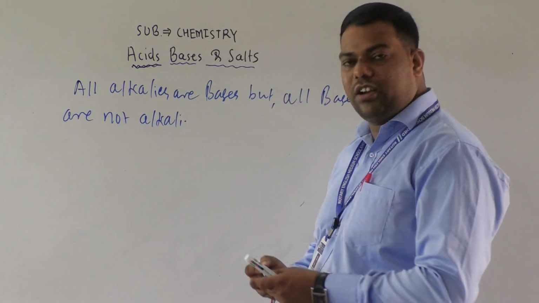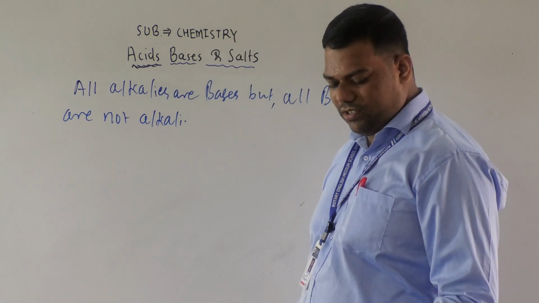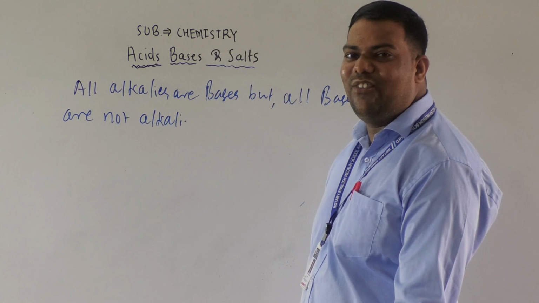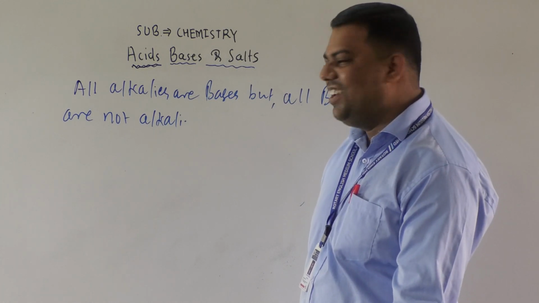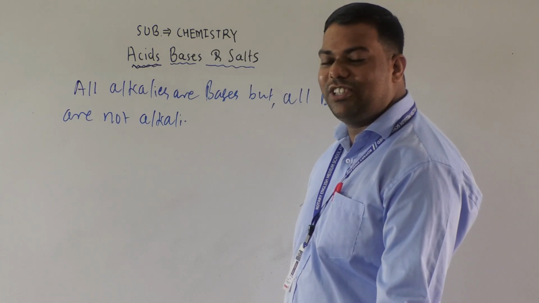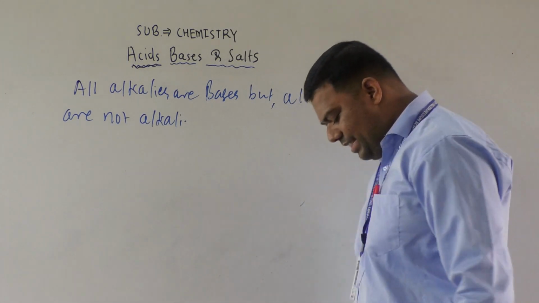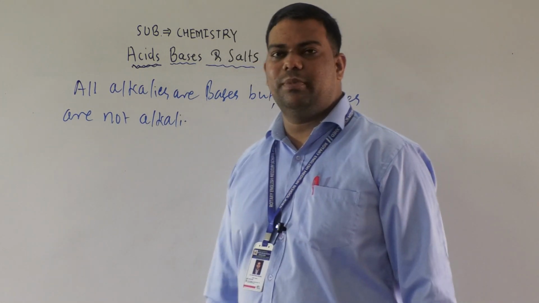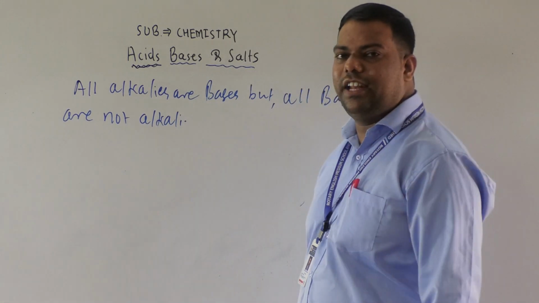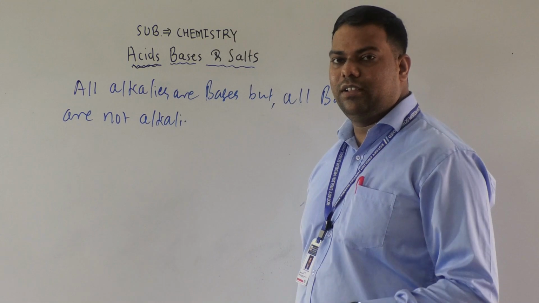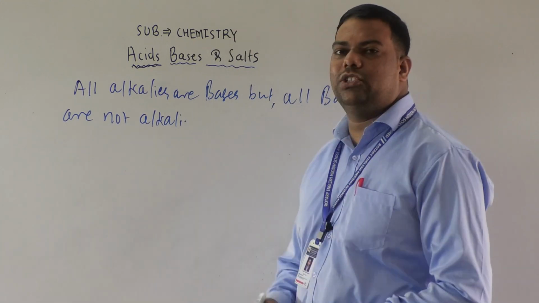Alkali is a base that forms on dissolving in water. The condition for an alkali is that the base must be dissolved in water. Then and only then do we call it an alkali. It is soluble.